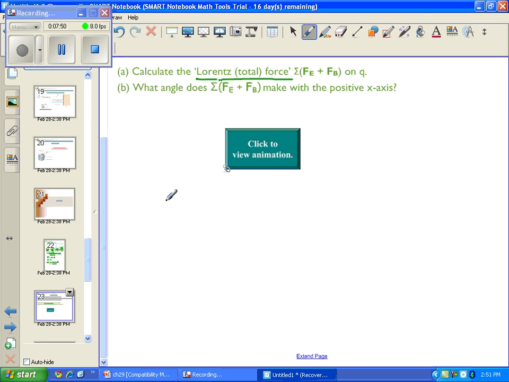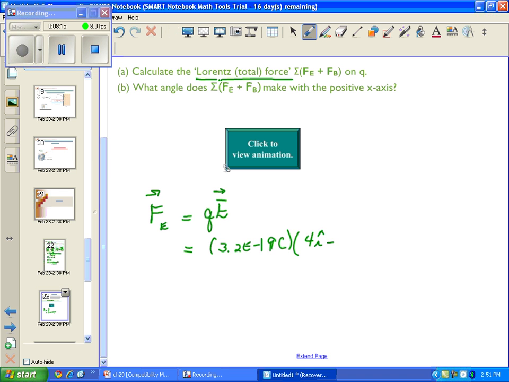Let's start with part A, and how about if we get the electric force? The electric force being given by Q times E from chapter 23. Well, we have 3.2 e to the minus 19 times 4i hat minus j hat minus 2k hat.